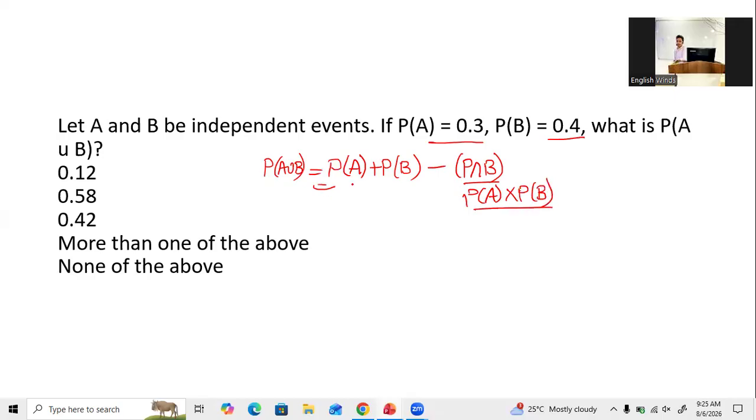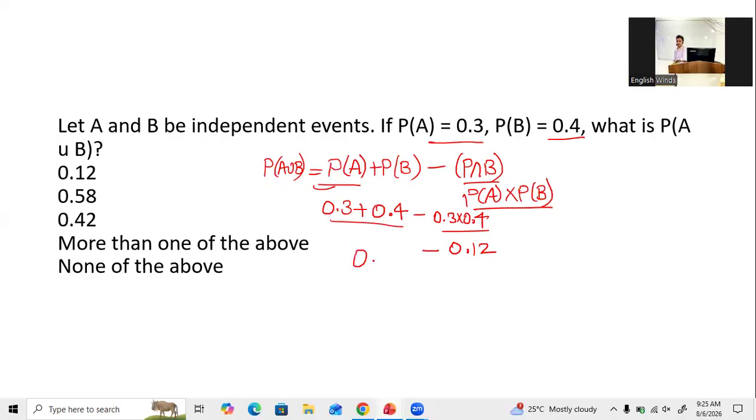So what is the value of P of A? That is 0.3 plus 0.4 minus 0.3 into 0.4. This value will be 0.12.